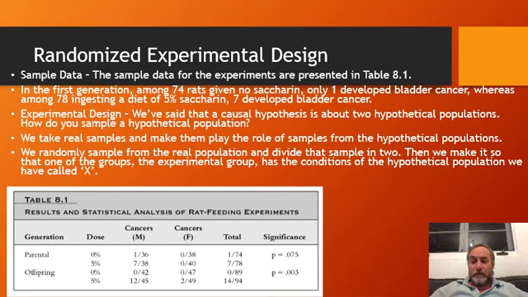Well, as they did with these rats, you take real samples and make them play the roles of the hypothetical populations. You randomly sample from the real population, and then divide that sample in two, also randomly. Take one of the groups, call it the experimental group, and make them live in the world where they all get saccharin. Then take the other group, the control group, and make them live in the world where they get no saccharin.